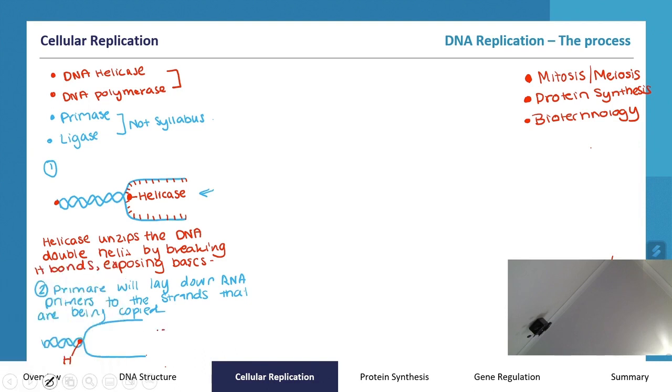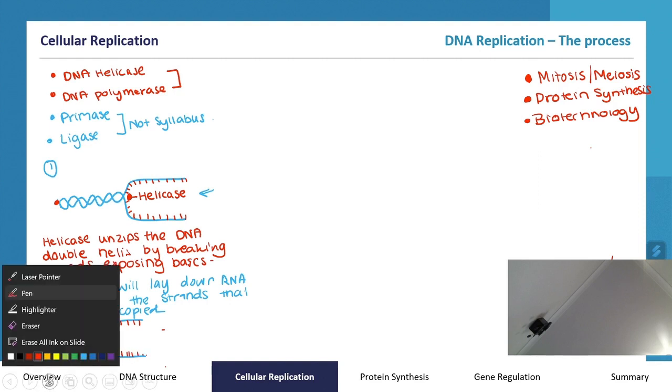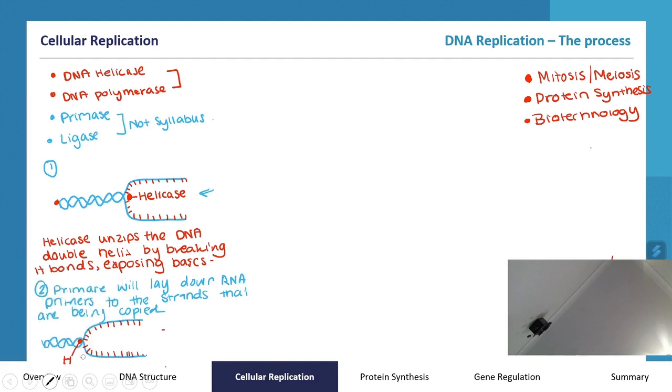I'm just going to write all of the bases in like so. Primase will come in. What color did I make primase? Here we go. And basically lay down a primer at certain spots on the DNA strand that needs to be replicated.